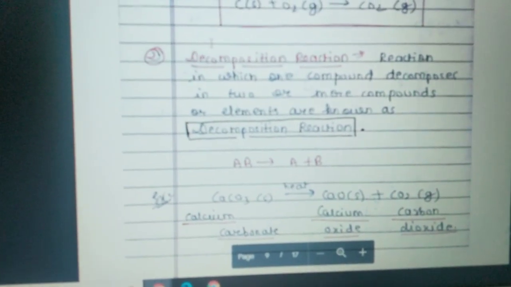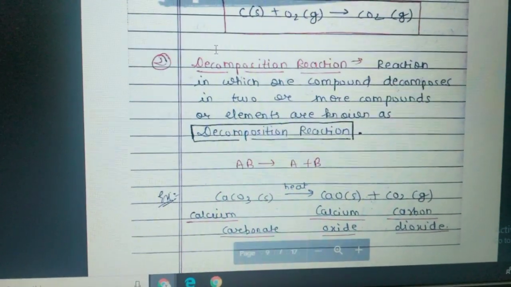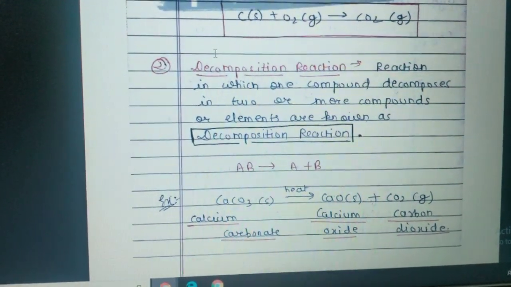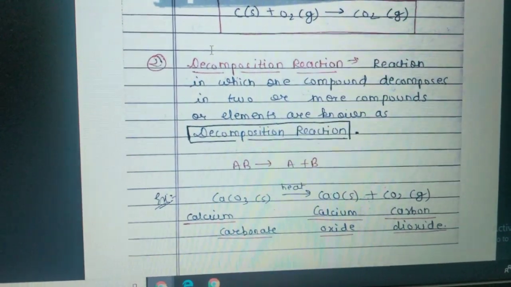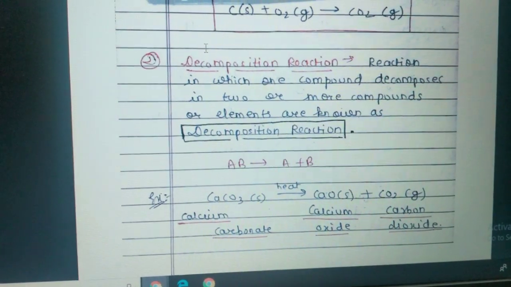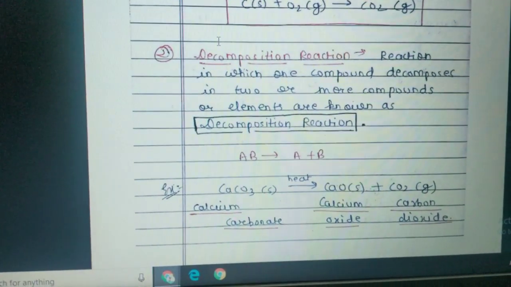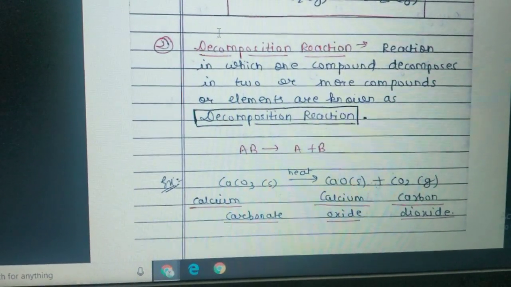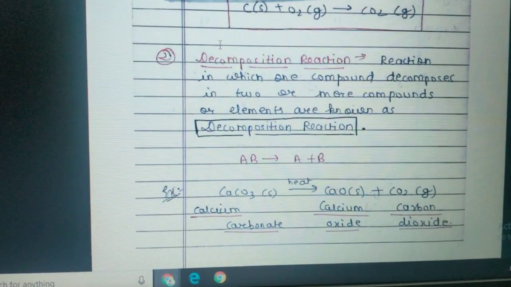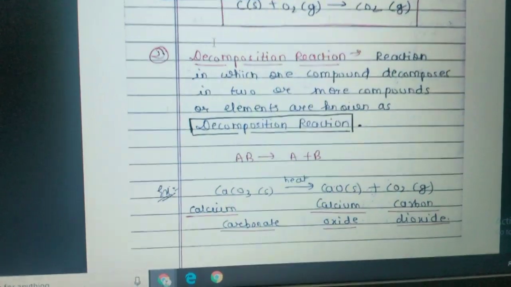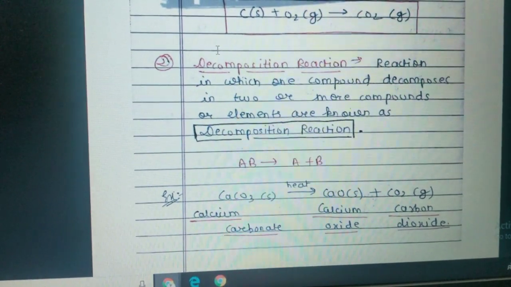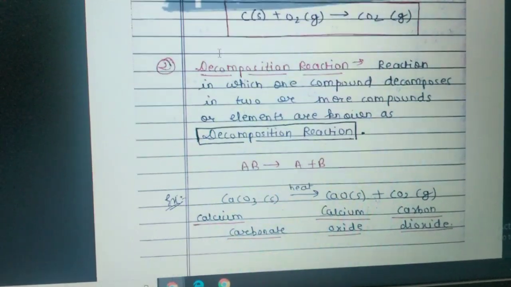Second is decomposition reaction. A reaction in which one compound decomposes into two or more compounds or elements is known as decomposition reaction. For example, AB gives us A plus B. In this, a compound decomposes to form two or more compounds or elements.